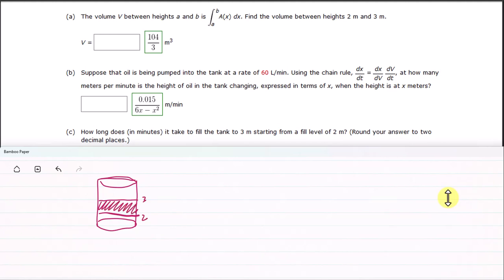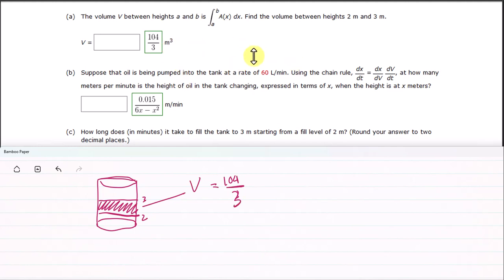We know from part A that between the heights 2 meters and 3 meters, we have a total volume of 104 over 3.